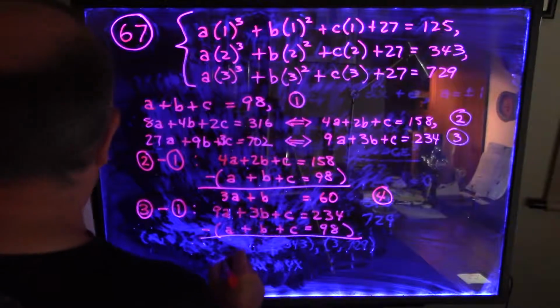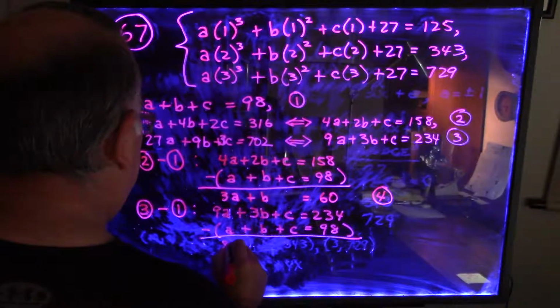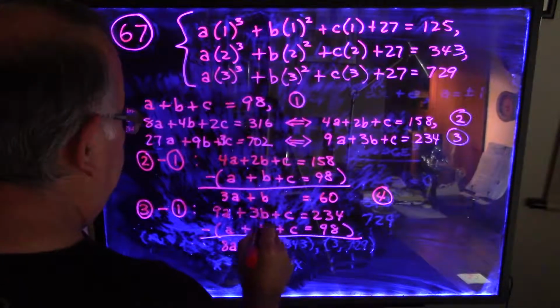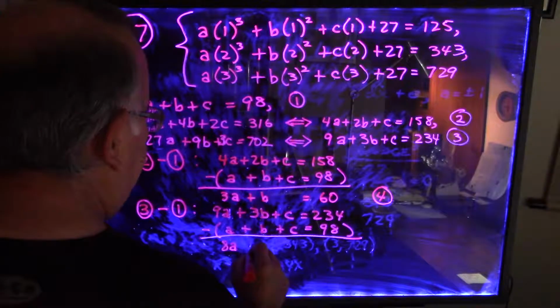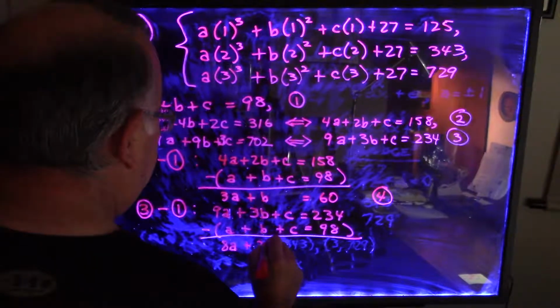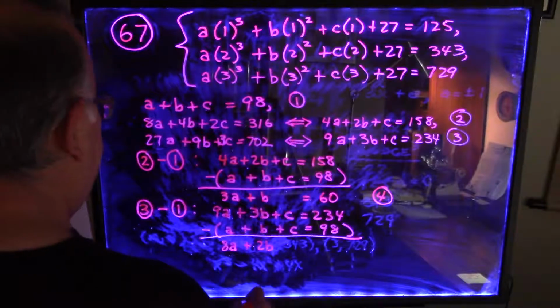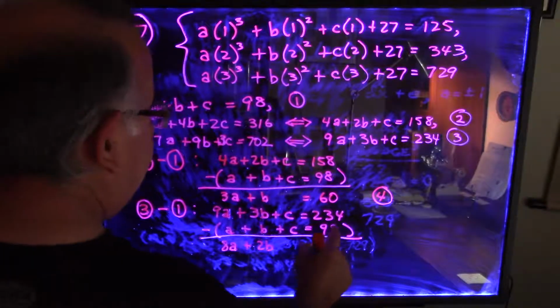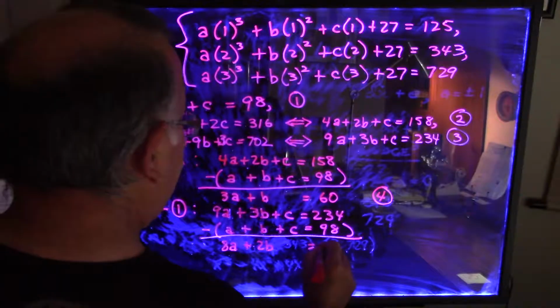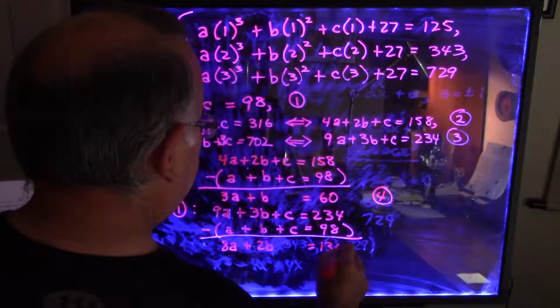Nine a minus a is 8a, 3b minus b is 2b, c minus c is 0, and 234 minus 98 is 136.